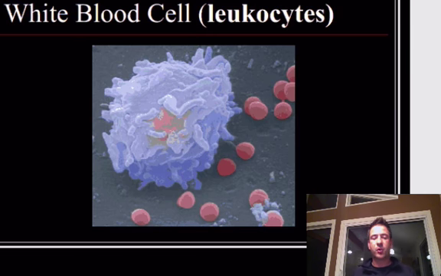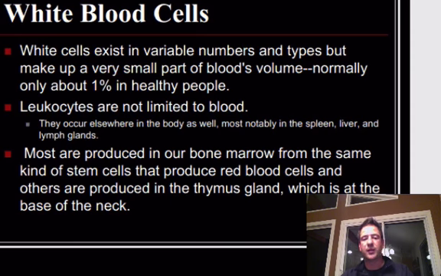Now, the next component, the third component, is the white blood cells, or the leukocytes. I just have a little picture of one here, as you can see, but these are really tiny, and along with the platelets, they comprise less than 1% of the blood. They're extremely small, but definitely not limited.